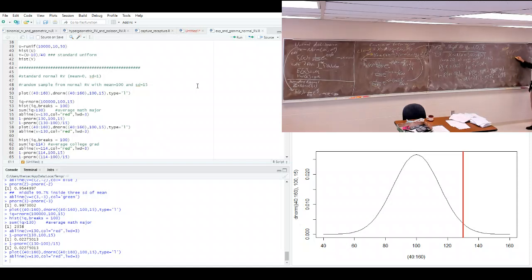It would be 1 minus the probability x is less than or equal to 114. Notice I'm playing pretty fast and loose with less than or equal to's, because when I'm dealing with continuous random variables, there is 0 probability at any point. So it doesn't really make a difference if I put greater than or equal to or less than or equal, because the endpoint doesn't have any probability attached to it.